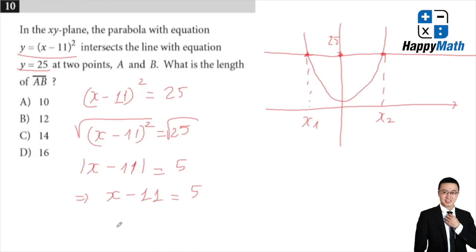The first one, h minus 11 is 5. The second one is minus 5. So h equals 16 and h equals 6. The first solution and the second one, 16 and 6, have a difference between them of 10. So the length of AB is 10.